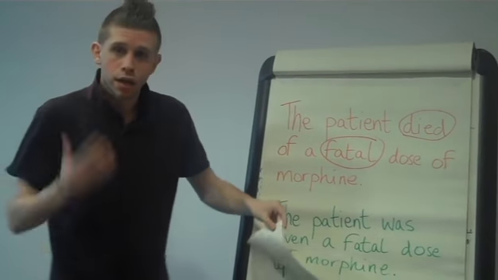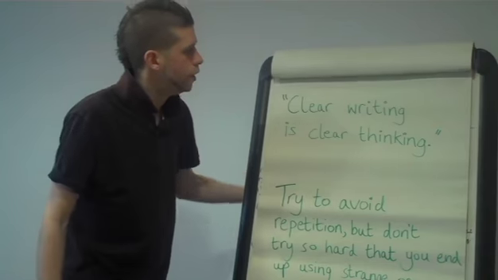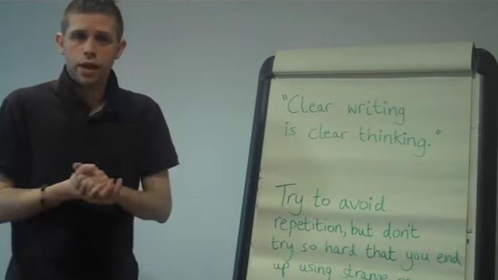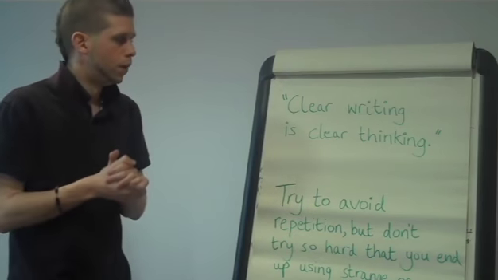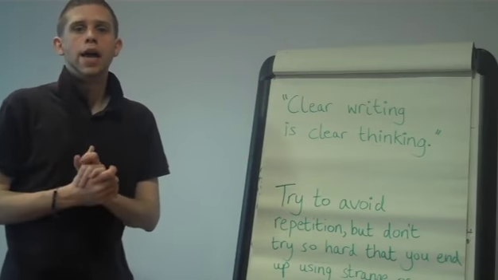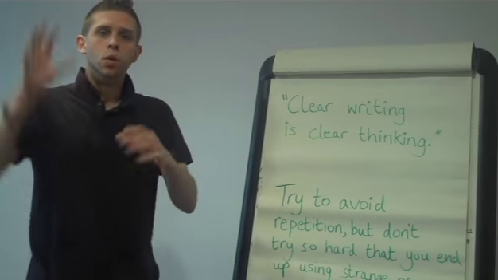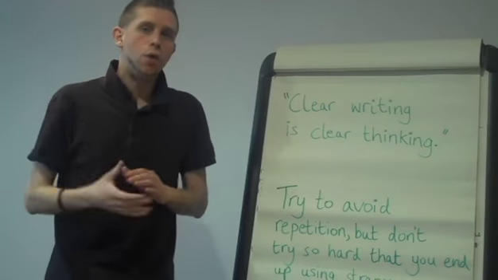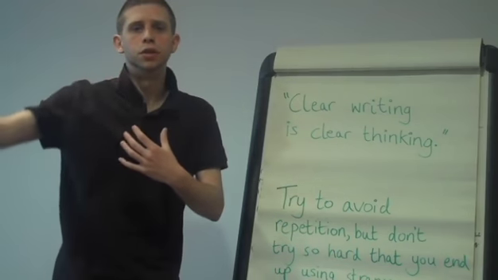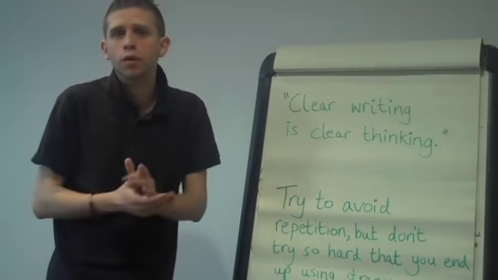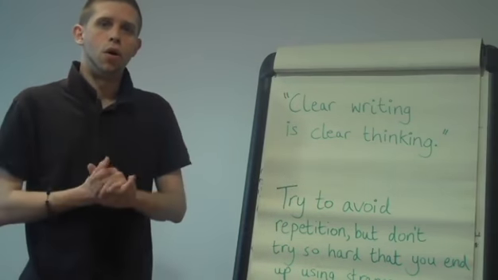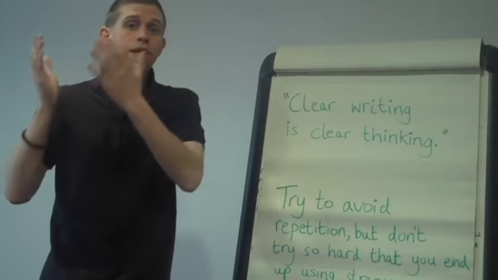Which kind of leads me neatly on to this last point I want to make. A couple of things that I do in the book that I hope you find useful. The first thing is that throughout the book I have boxes called What Your Tutors Say. And what I've done there is I've approached a whole host of academics and tutors from a huge variety of subjects, and asked them to give me some of their thoughts on specific topics that are addressed within the book.